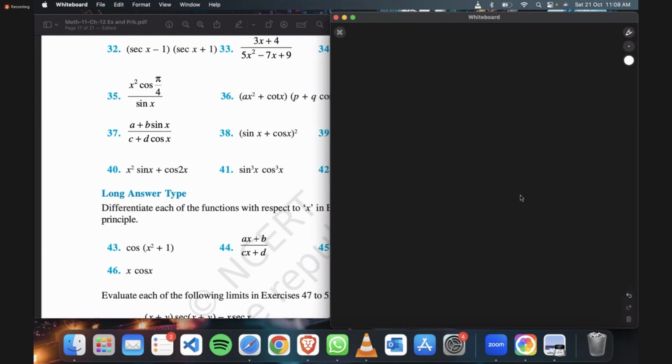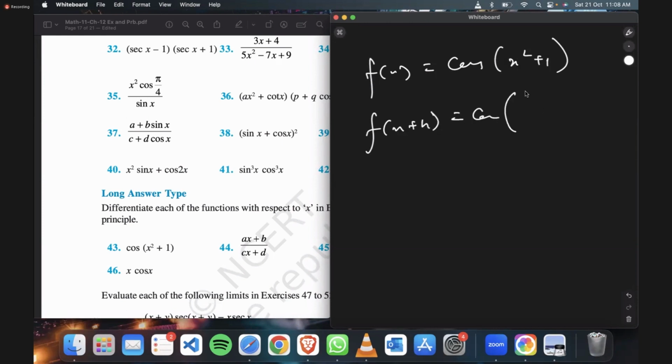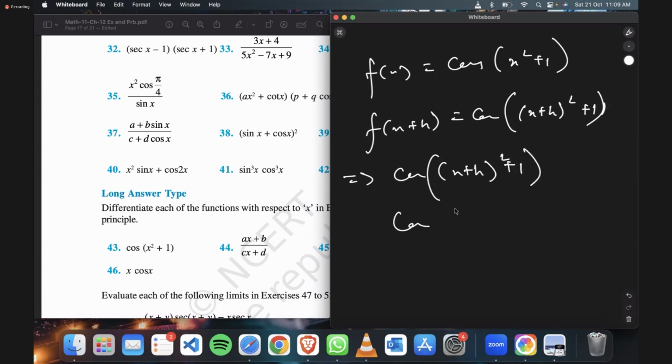So let's see. f(x) is given to me as what? f(x) is given to me as cos(x square plus 1). And what is f(x plus h)? f(x plus h) is given to me as cos((x plus h) whole square plus 1). So f(x plus h) is cos(x square plus h square plus 2xh plus 1), right?